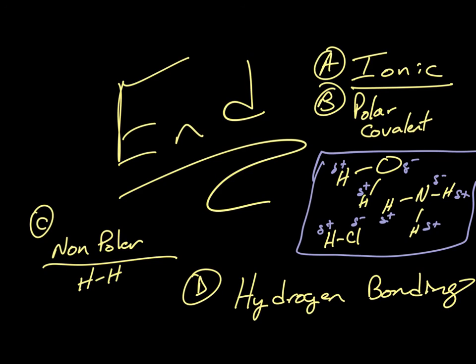And of course, the perfect example again is going to be water, with hydrogen bonding between water molecules, lining up with partial negative, partial positive, and partial positive, partial negative.